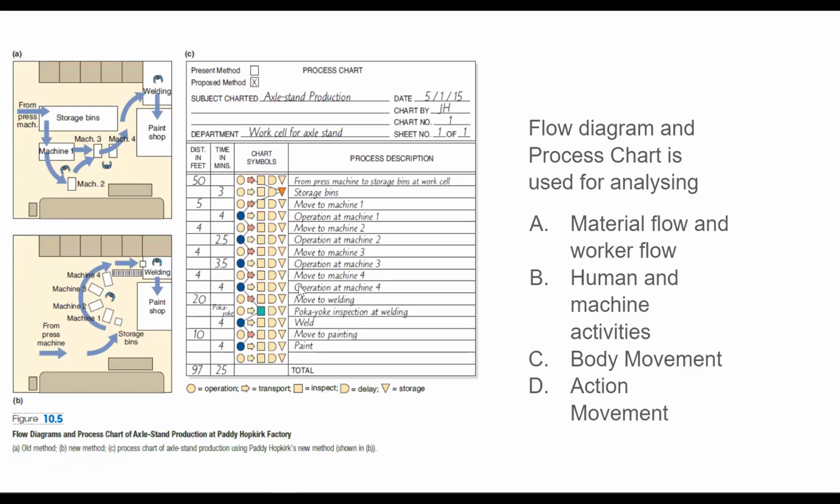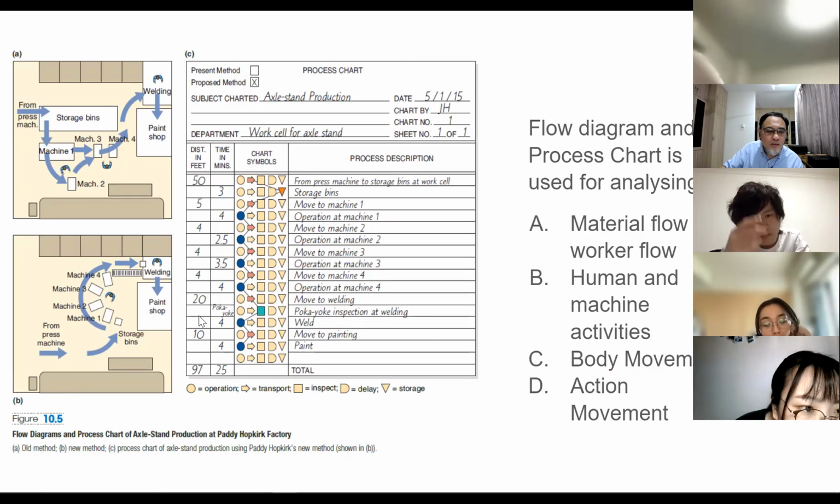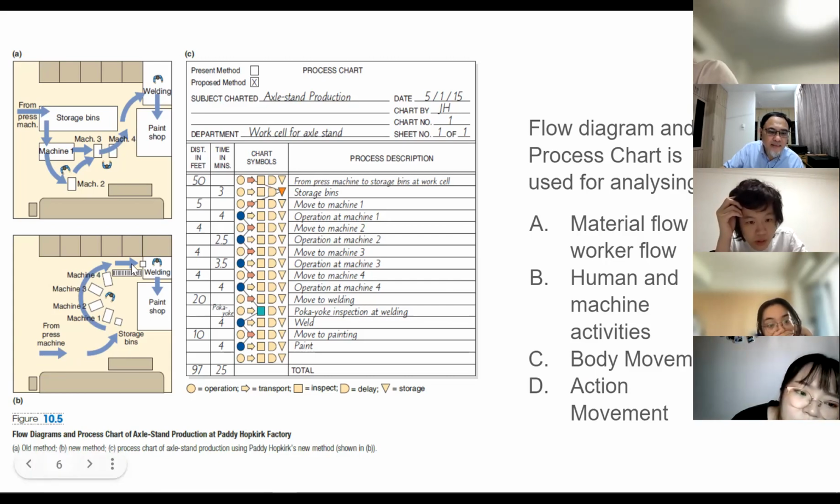So if you see here, what is this figure 10.5 flow diagram? What is the arrow showing? Can anyone tell me what the arrow is showing here?